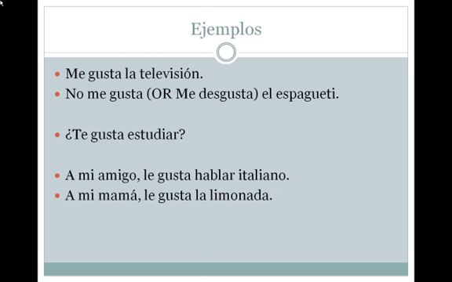Then to say the opposite, if I were going to say that something does not please me or that I do not like something, I could either just put a no in front of it to make it negative and say, no me gusta, or as a stronger expression, I could bring in desgustar that we talked about and say, me desgusta. So if I'm talking about my feelings about spaghetti, I could either say no me gusta el espagueti, or I could say me desgusta el espagueti, which would be a stronger expression. It disgusts me, not simply that I don't like it.